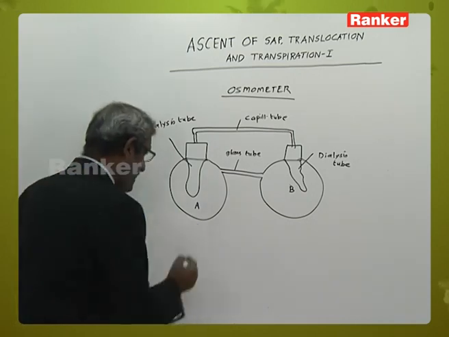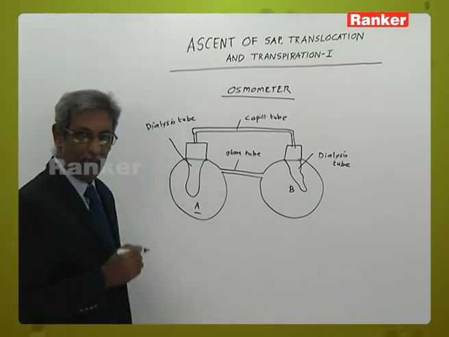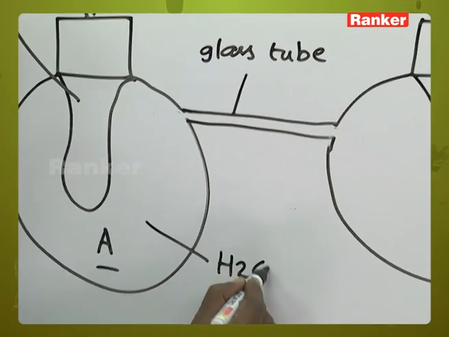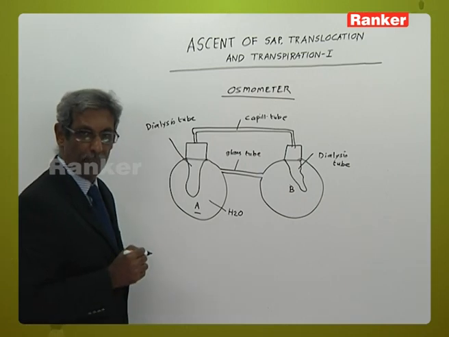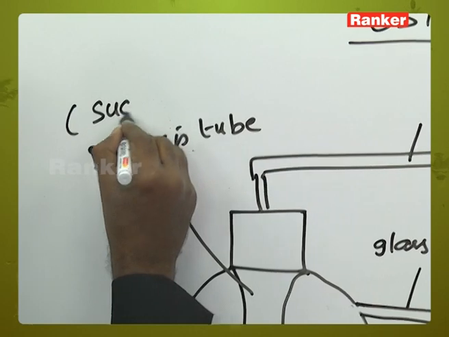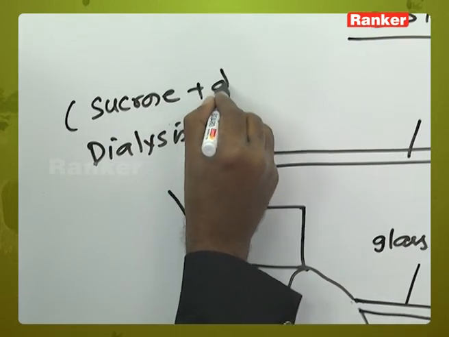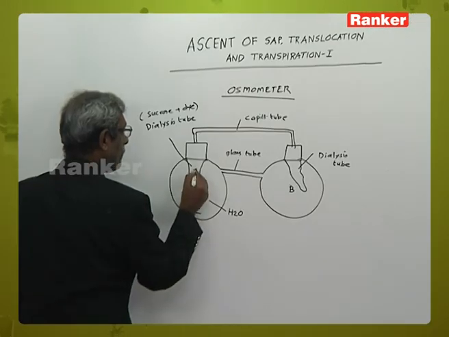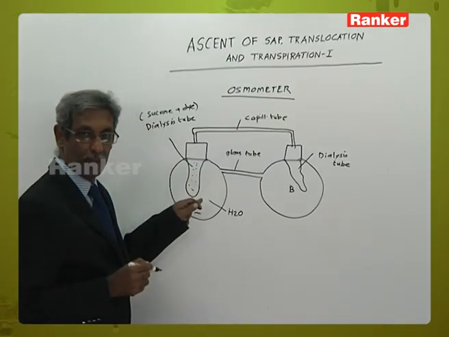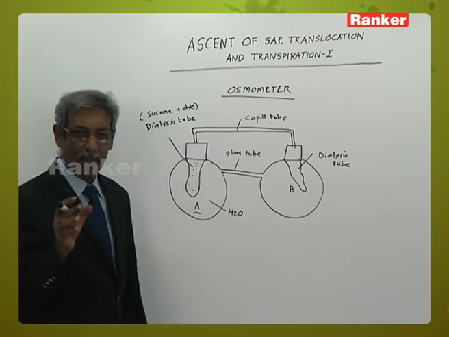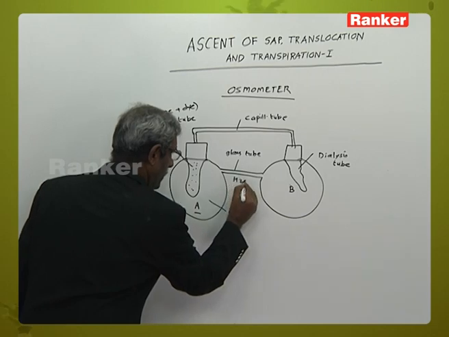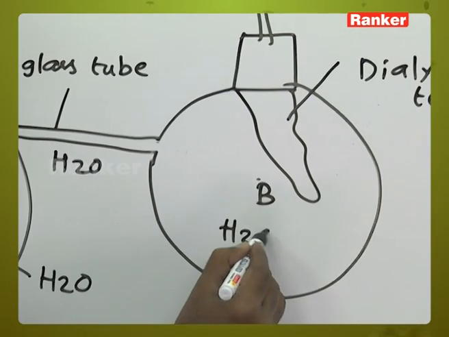Now, when you look at flask A, flask A has water, H2O, and the dialysis tube has sucrose and dye. Now, what happens is that from the side tube we have water entering here, because B is made up only of water.